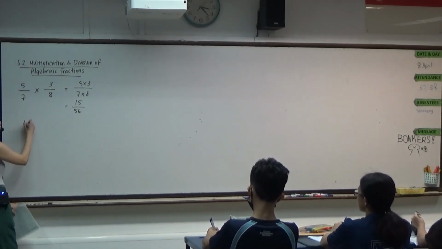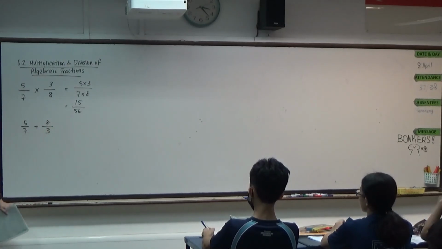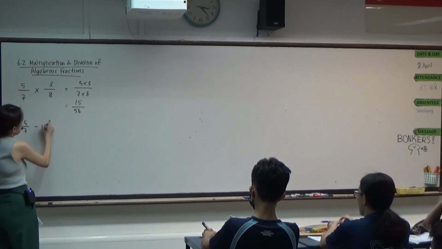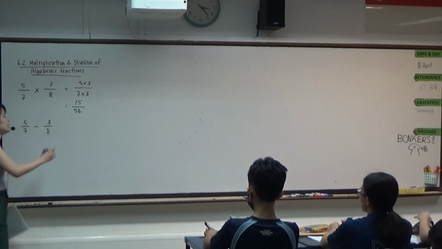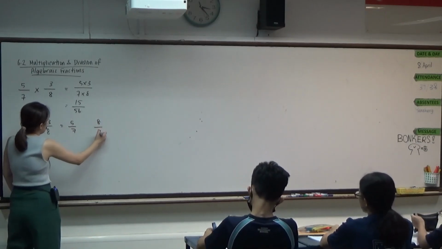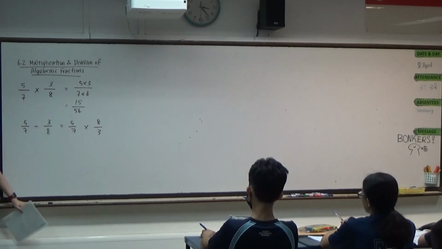Then, what if I have division? 5 over 7 divided by 3 over 8. Then what must we do? Keep and change, right? So keep 5 over 7, flip 3 over 8 to become 8 over 3, and then change the operation.